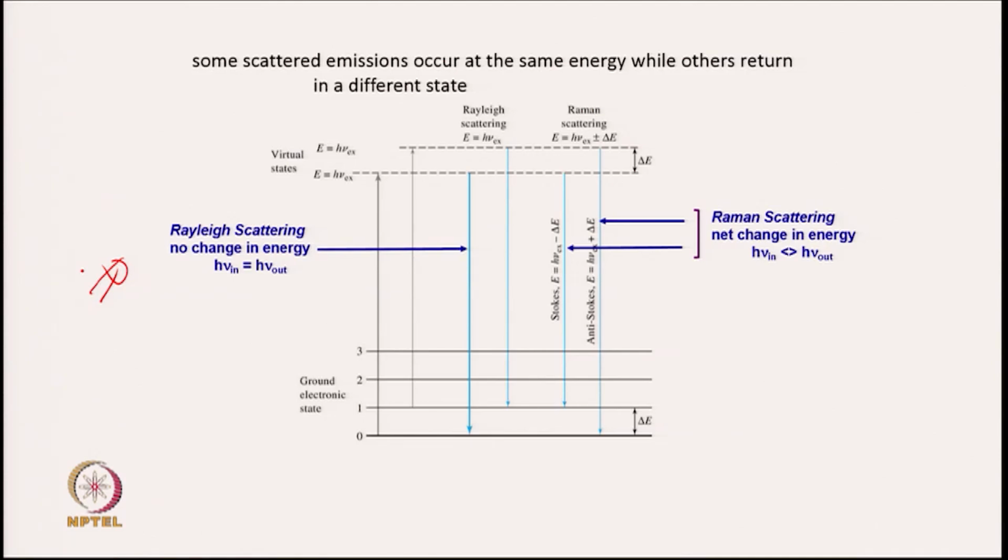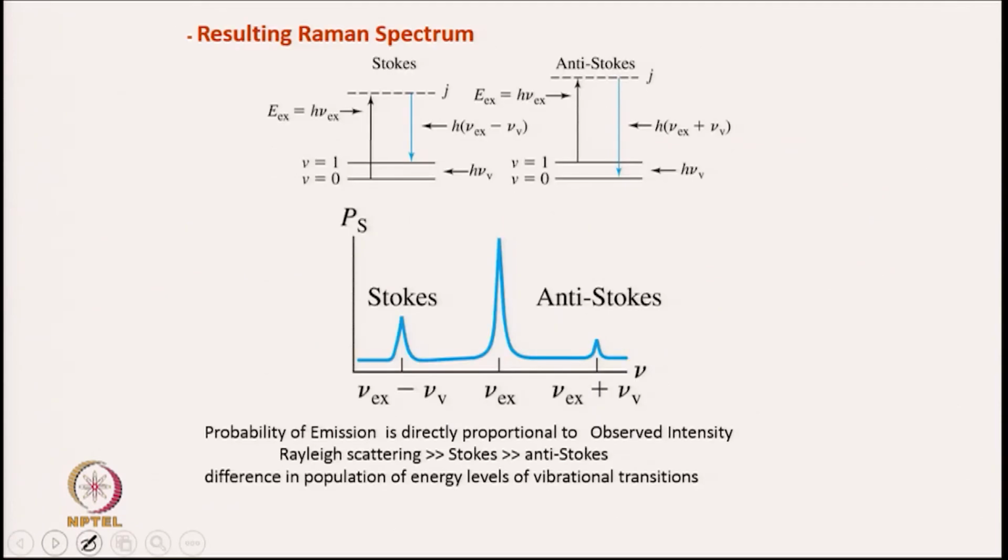Whereas in Raman spectroscopy, there is a net change of energy, and h nu in can be either less than h nu out or greater than h nu out. In one case you say that is a Stokes line, and in the second one you say that is an anti-Stokes line.